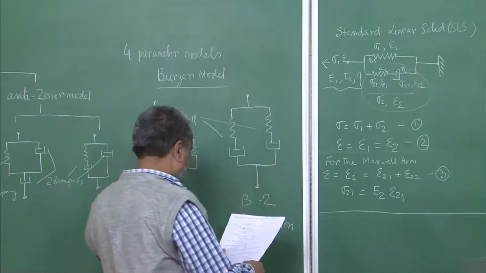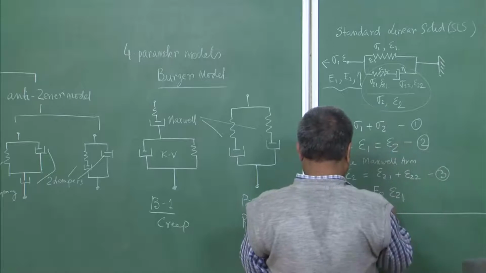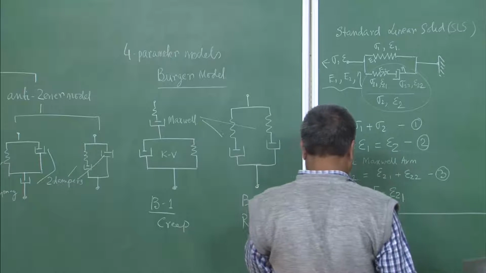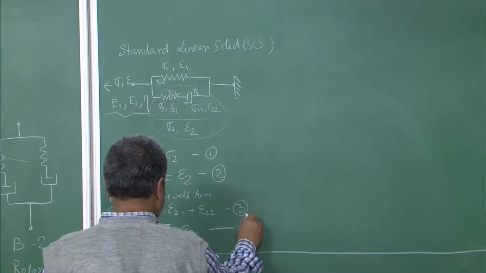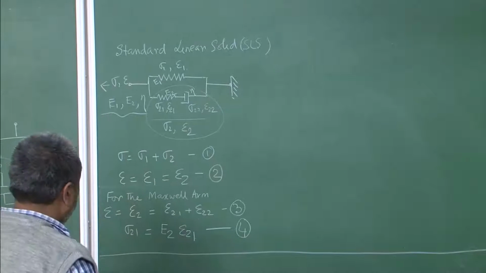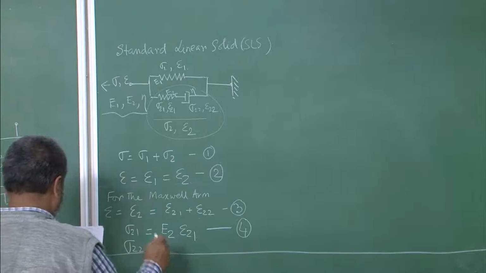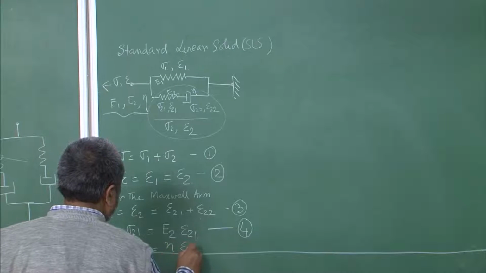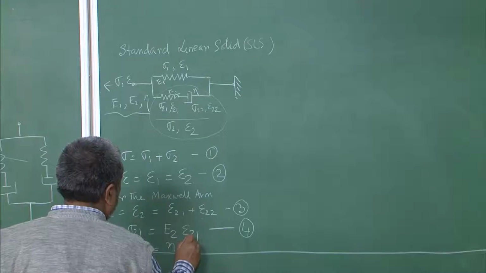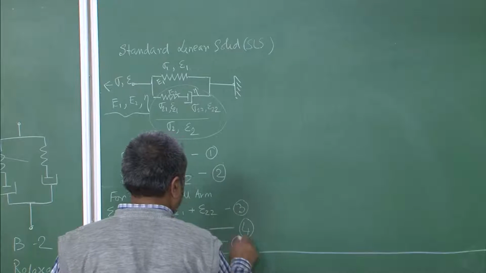So, we have expressed sigma 2 1 as E 2 epsilon 2 1. Let it be our equation number 4, and also we can write sigma 2 2, and sigma 2 2 is actually eta epsilon 2 2 dot, and that is our equation 5.